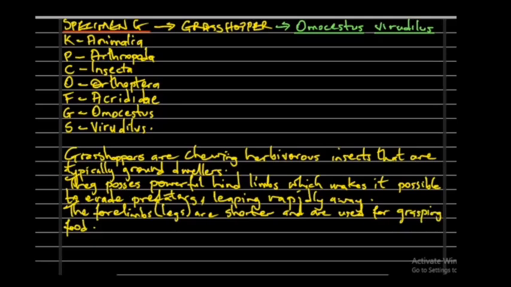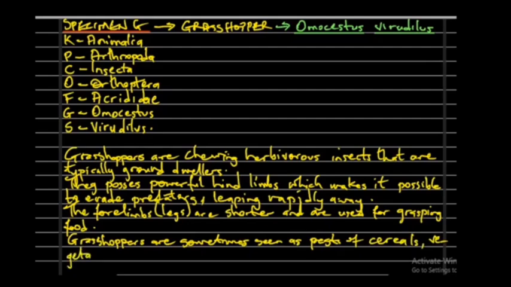This particular organism is sometimes seen as a pest of cereals. Grasshoppers are sometimes seen as pests of cereals, vegetables, and pastures.